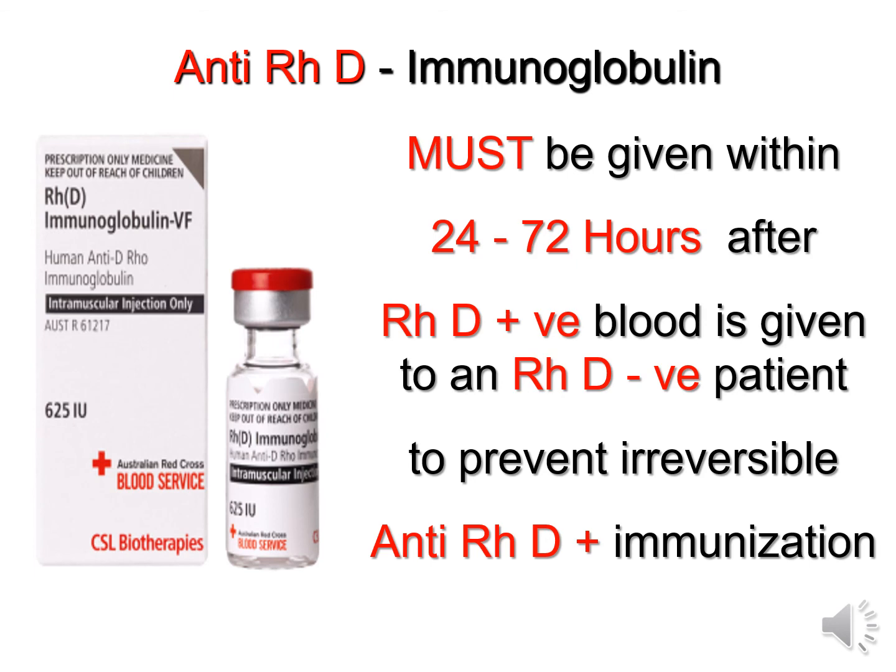Once the mother is immunised against her future babies that are Rh positive, there's nothing she can do about it. Once the patient has been given Rh positive blood and they're immunised against the Rh-D positive red blood cells, there's nothing you can do about it.